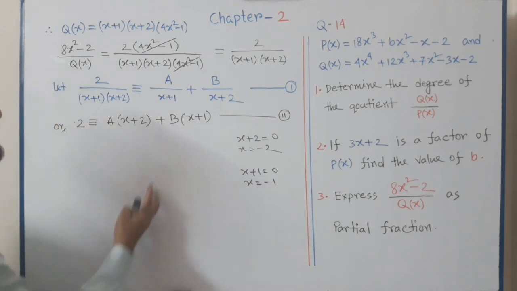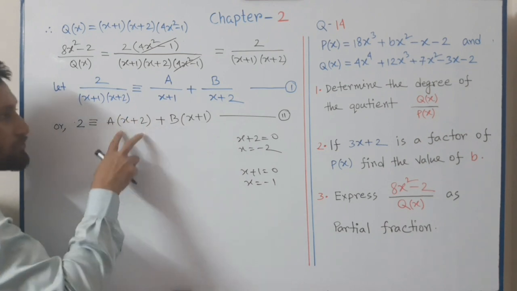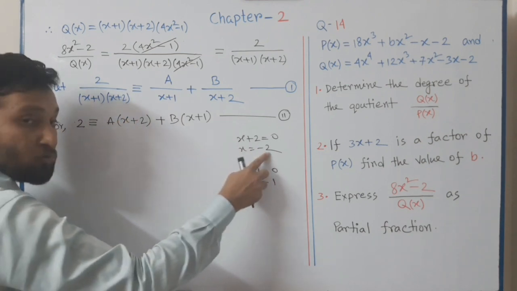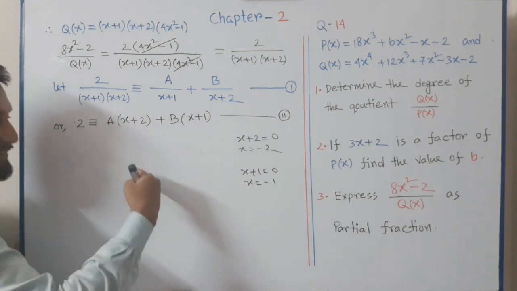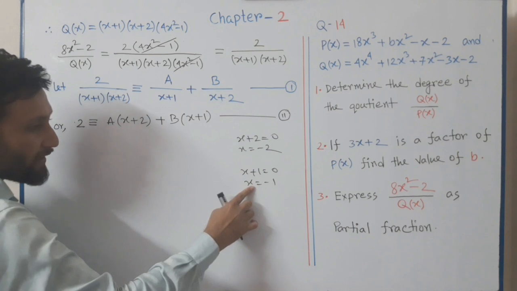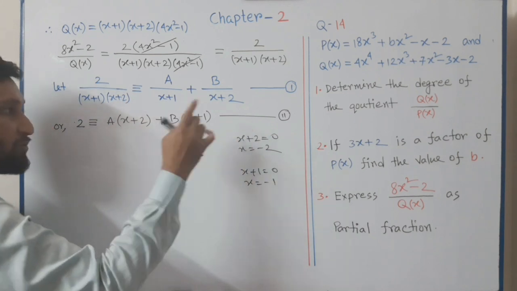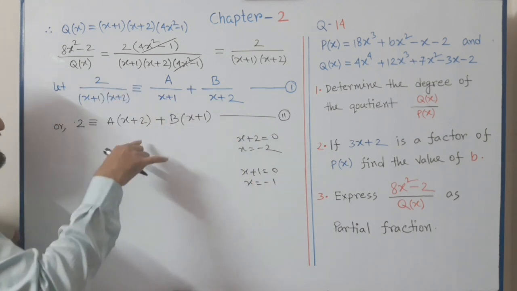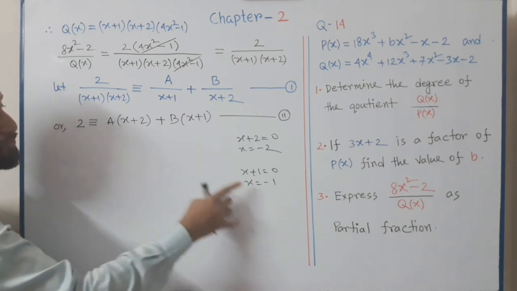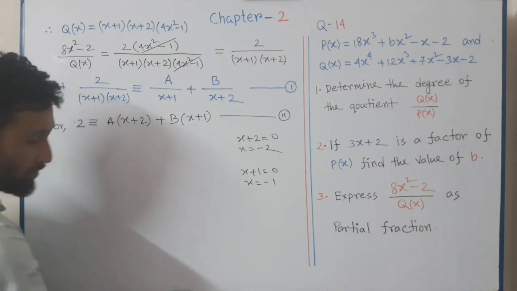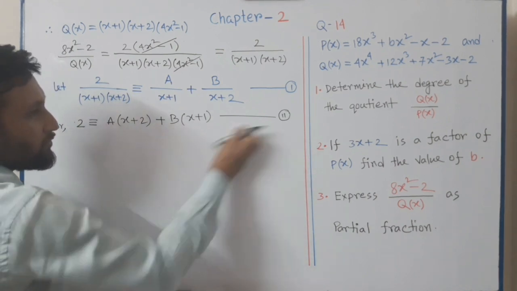So first, if we input the value of x as minus 2, then we will easily get the value of b. And the second time, if we use the value of x equal to minus 1, then we will easily get the value of a. So now follow the process.